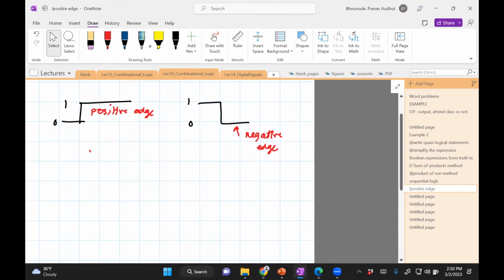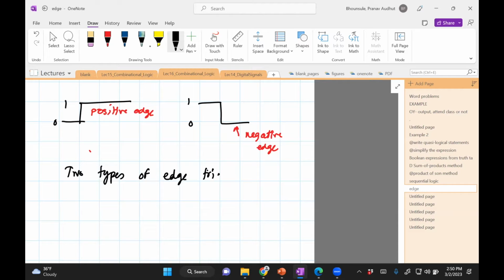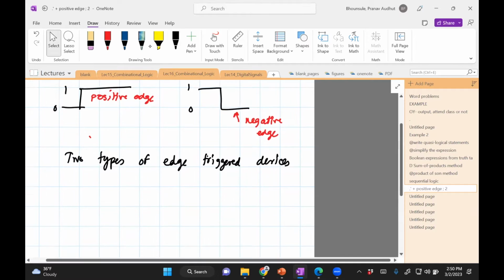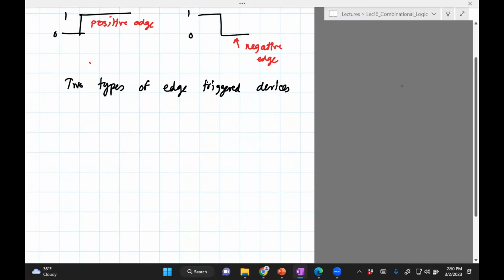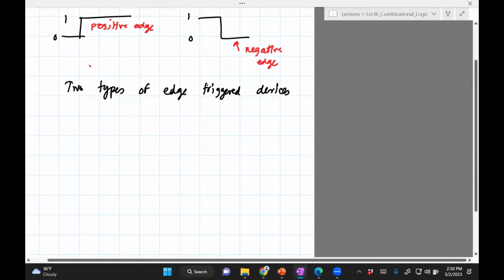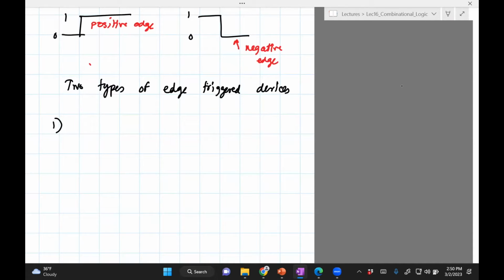Then there are again two types. Positive.